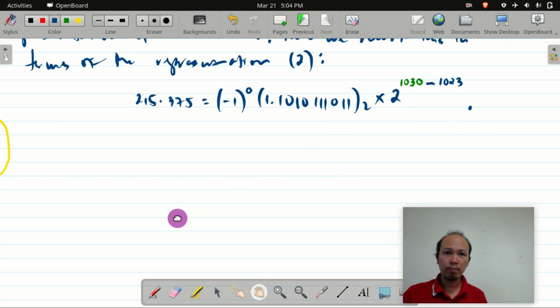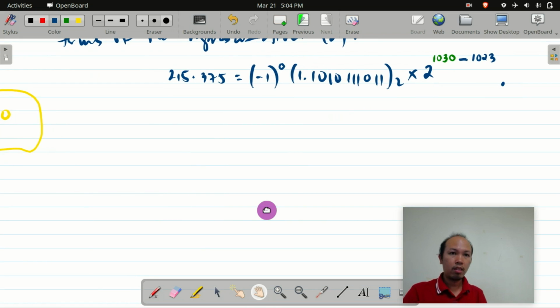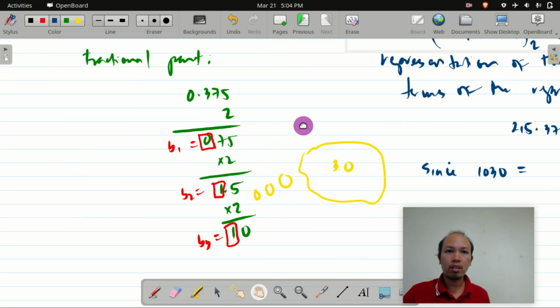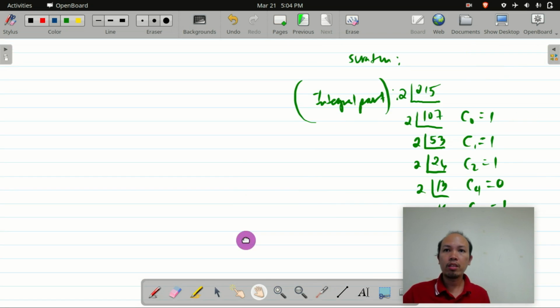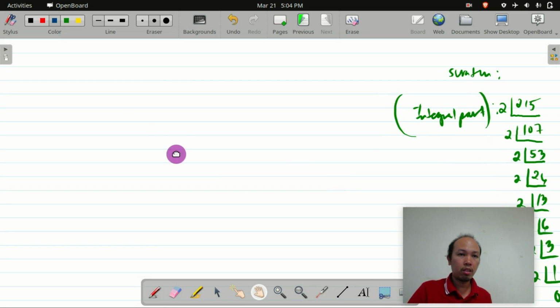Let me write it here. Since 1030 is equal to, again, let's solve it in our scratch.